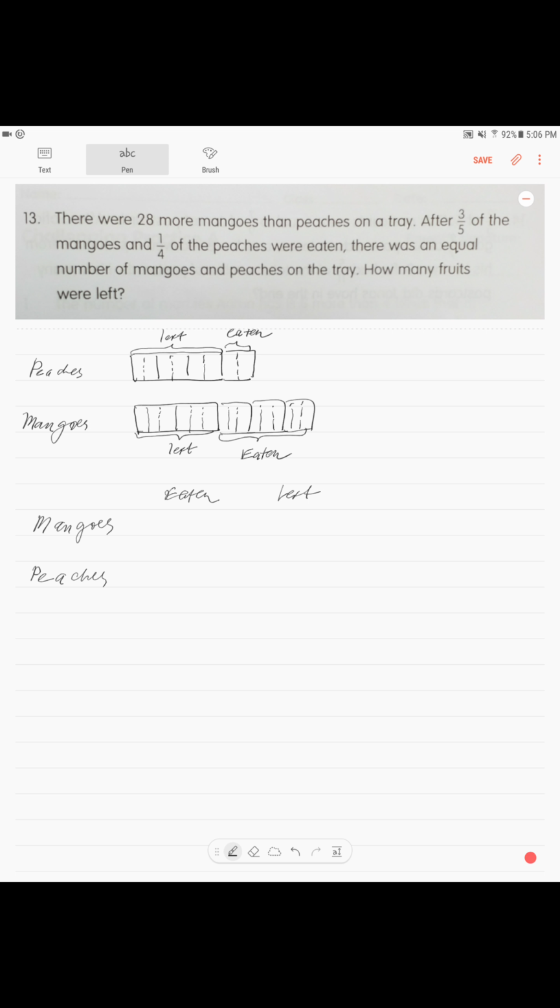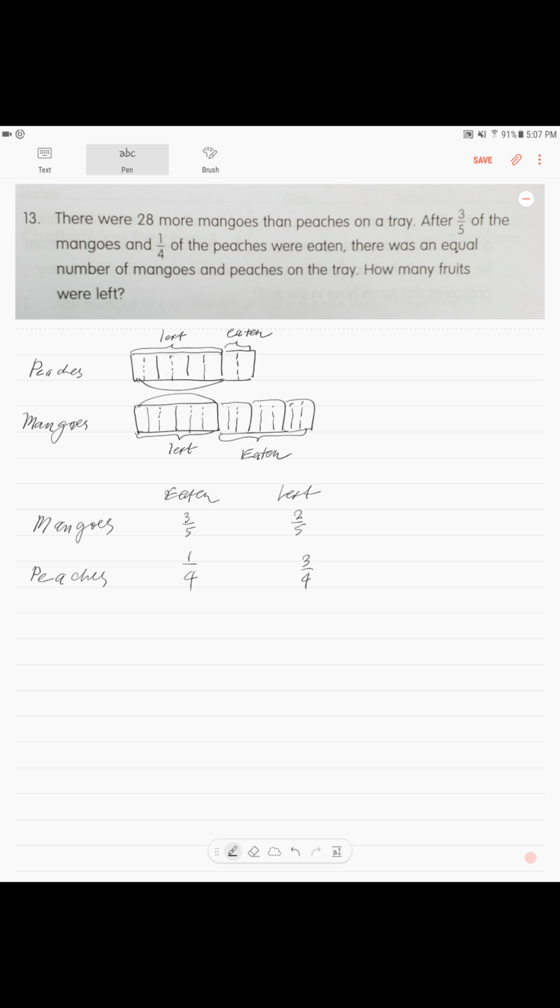They tell us 3/5 of mangoes were eaten, 1/4 of the peaches were eaten. So this is your leftover, 2/5, 3/4. Okay? So what do they tell us? There was an equal number of mangoes and peaches on the tray.